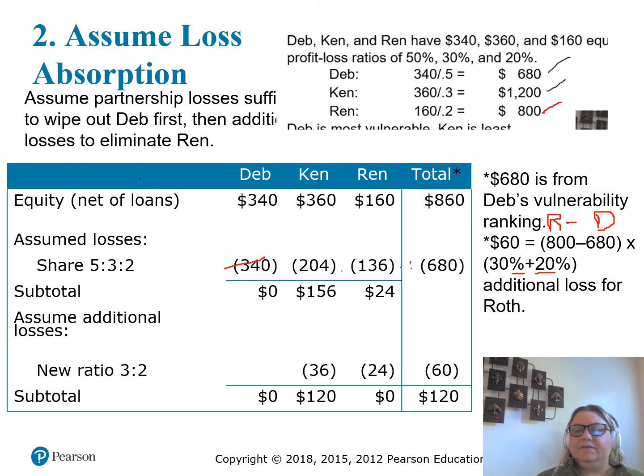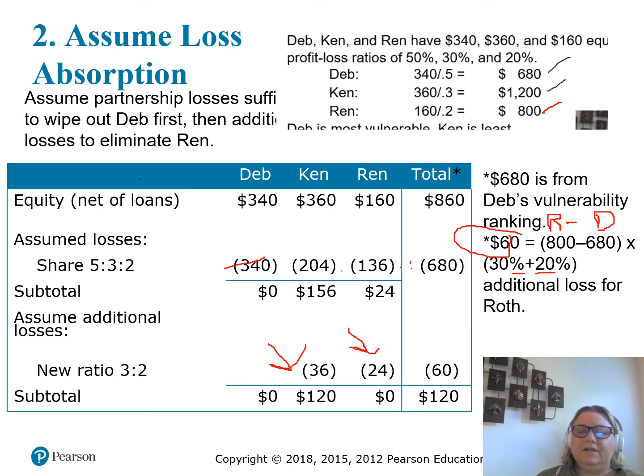If you subtract that out, this particular amount is going to be $60. Then you break that 60 between Ken and Ren. After that's done, Ren's amount is going to be 24, and Ken's is going to be 36.